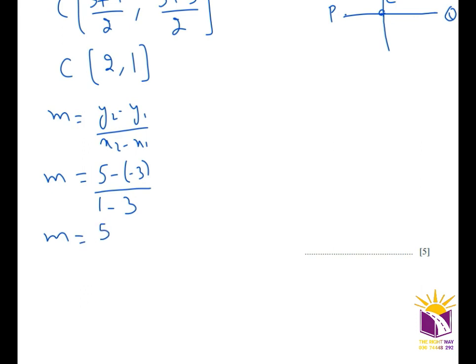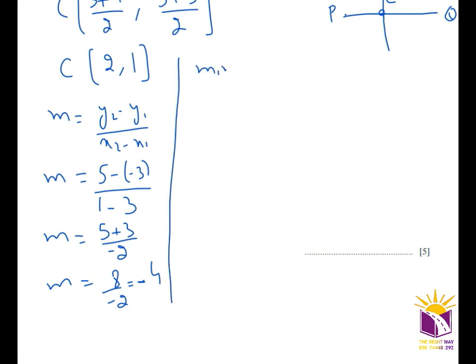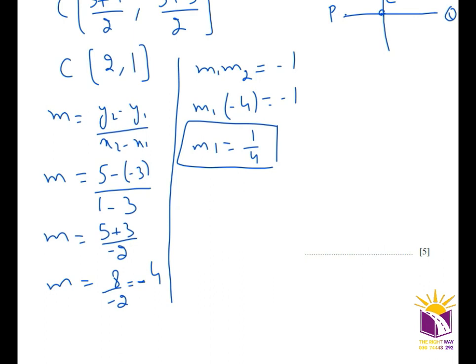Slope will be equal to 5 plus 3 divided by minus 2, which is 8 by minus 2, equal to minus 4. This is the slope of PQ. For the perpendicular line, we know that the two slopes multiplied give us minus 1. So m1 multiplied by minus 4, the PQ slope, is equal to minus 1, and m1 will be equal to 1 over 4.